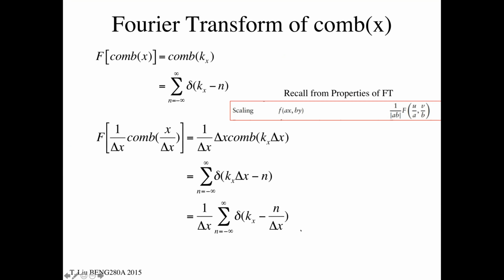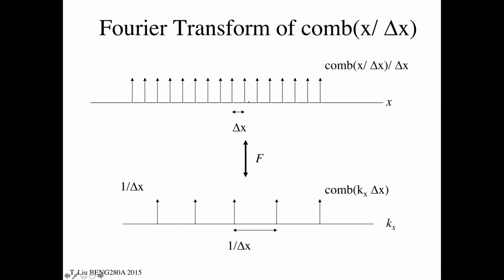And the important thing to note is that the spacing between the combs in the Fourier space is 1 over delta x, whereas in space it was delta x. So if I have this comb function and I take its Fourier transform, I get another complementary comb function where the spacing between the samples goes to 1 over delta x, where this was delta x.